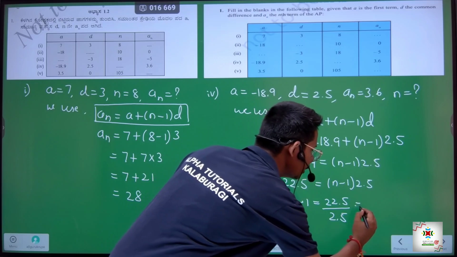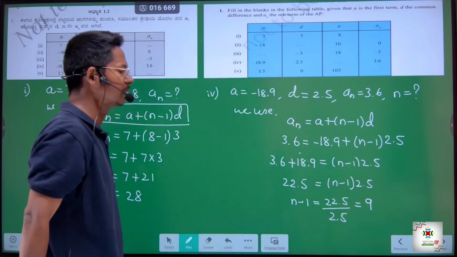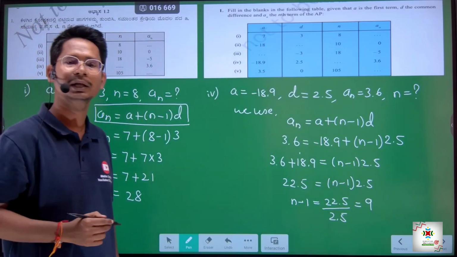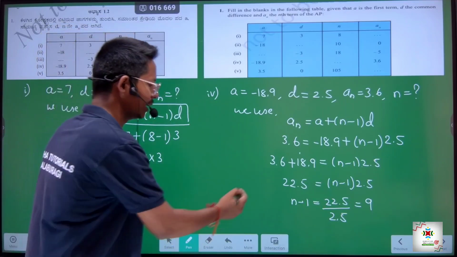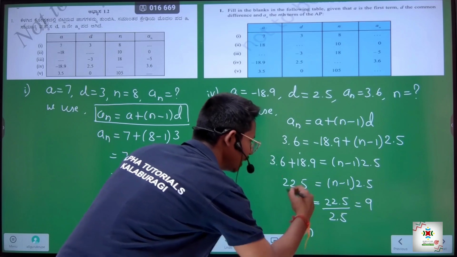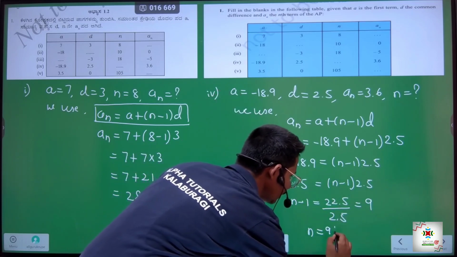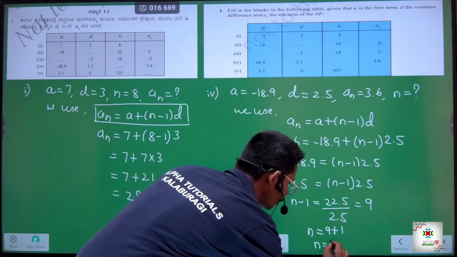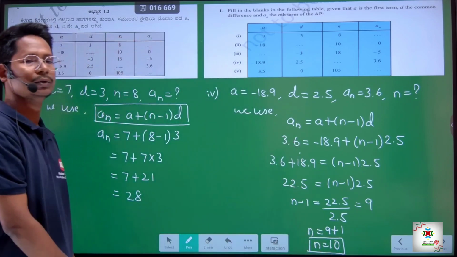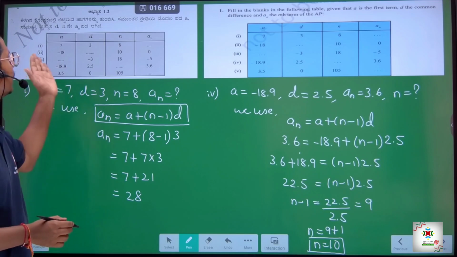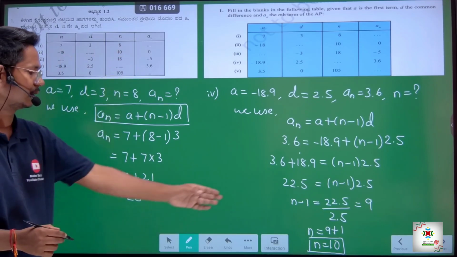As 25 into 10 is 250, 25 into 9 is 225. Now I'll shift minus 1 to the other side, so n equal to 9 plus 1, so you are going to get 10. So the total number of terms in this AP is 10.